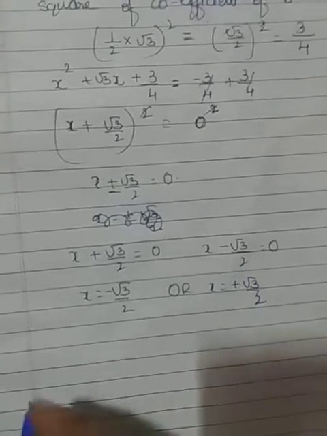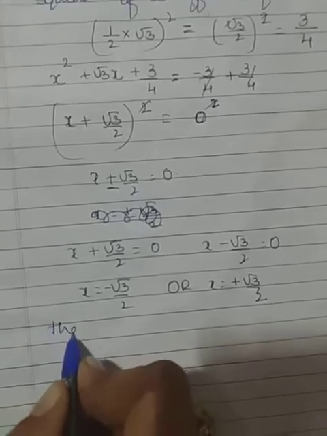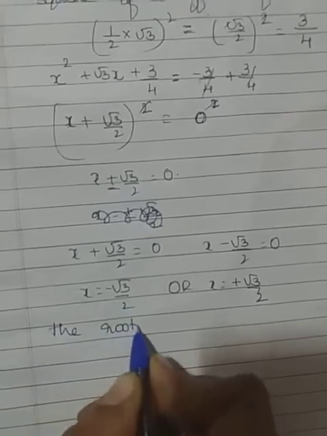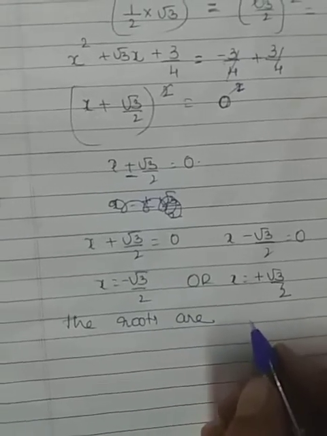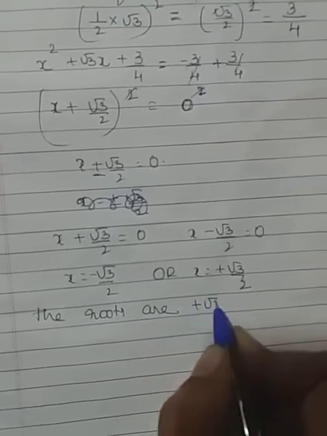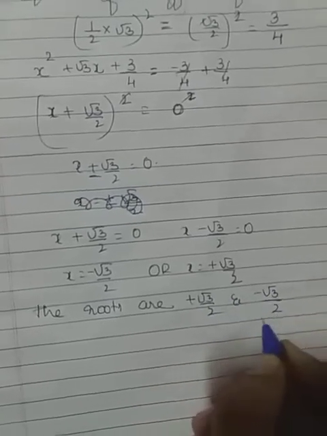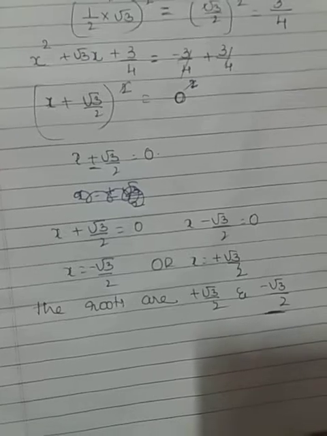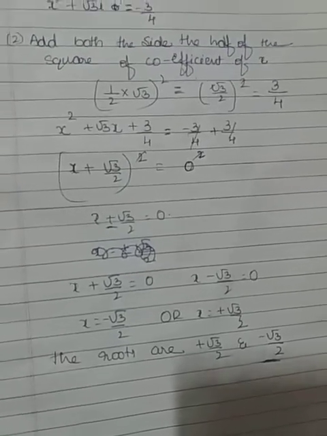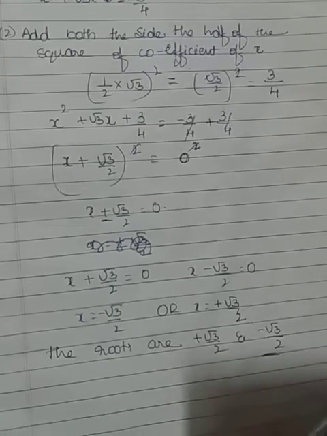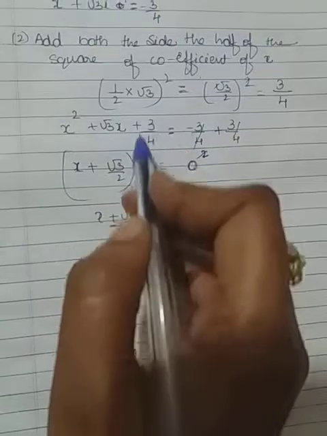So the roots are plus root 3 by 2 and minus root 3 by 2. So this is the method of finding the roots by the completing square method. Hope you understand. This is very important, which one we want to take.